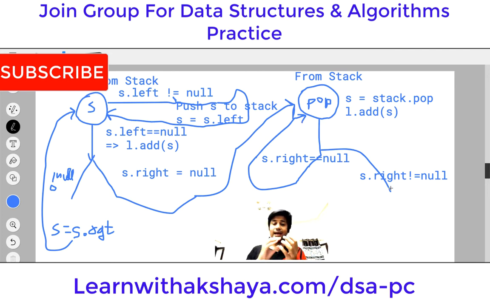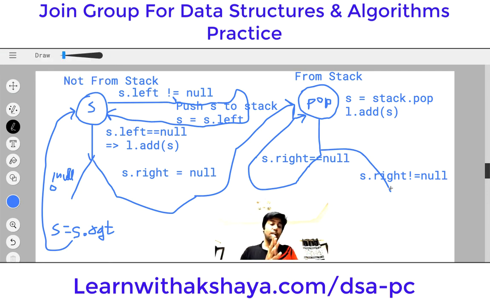So now this condition is left. What happens when s.right is not equal to null? Now when s.right is not equal to null, we will have to take care of this node, and this node is not coming from the stack. This is a completely fresh new node, and that's why we'll have to take care of the left node of the right node, basically the left node of s.right. And that's why we will have to move from over here to over here.